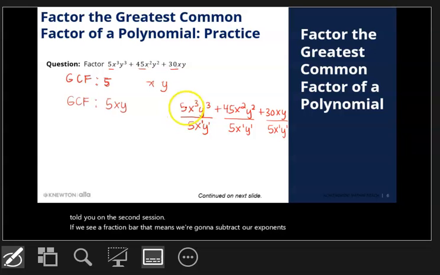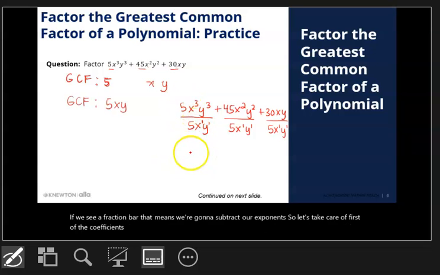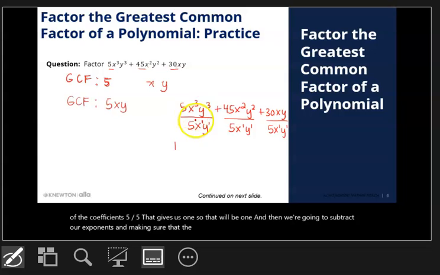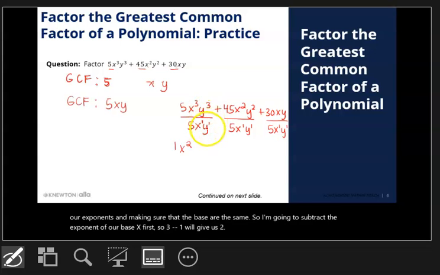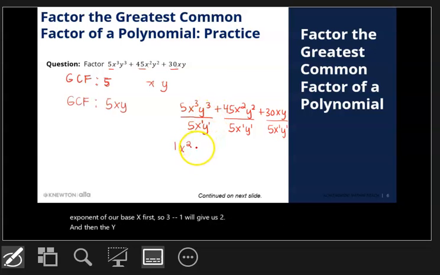So let's take care of the coefficient first. 5 divided by 5 gives us 1. Then we're going to subtract our exponents, making sure that the bases are the same. I'm going to subtract the exponent of our base x first. 3 minus 1 gives us 2. And then the y, 3 minus 1 is also 2.